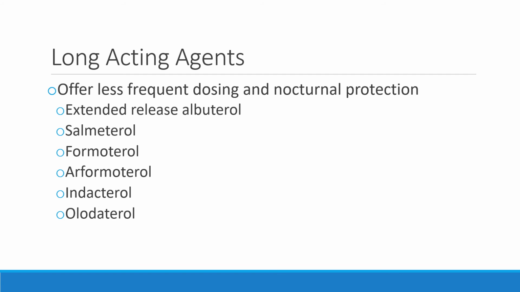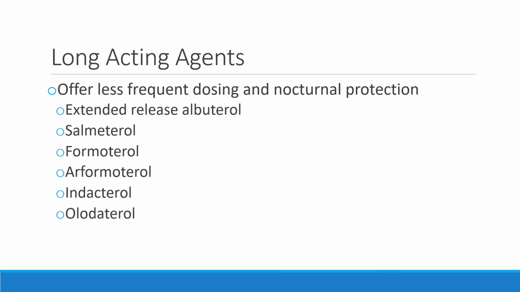Vospire, which you'll see later on, is out there, but there's also salmeterol or Serevent, formoterol, arformoterol, indacaterol, olodaterol, right? Those things will mimic the effects of the sympathetic system, but they are slower release. They take a lot longer to take effect, but overall they're going to help maintain for a longer time period.